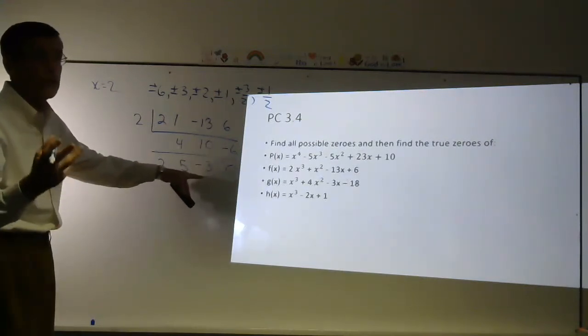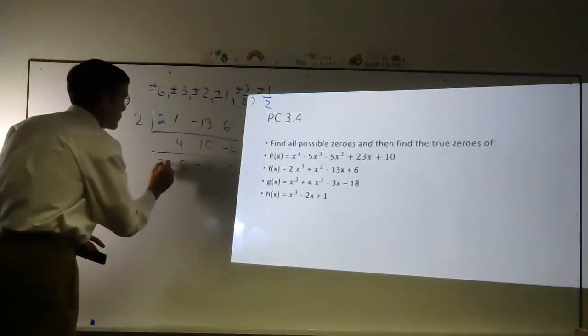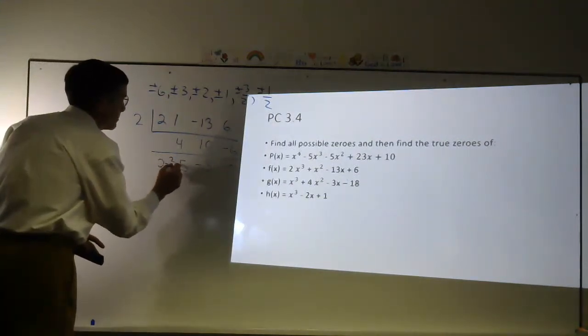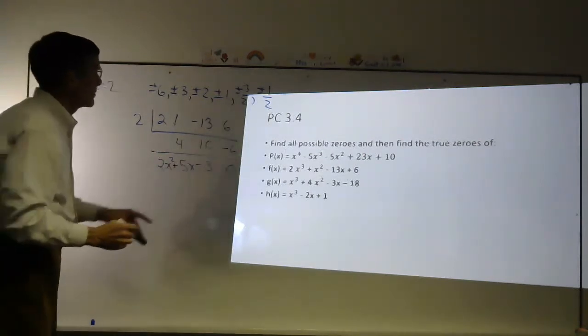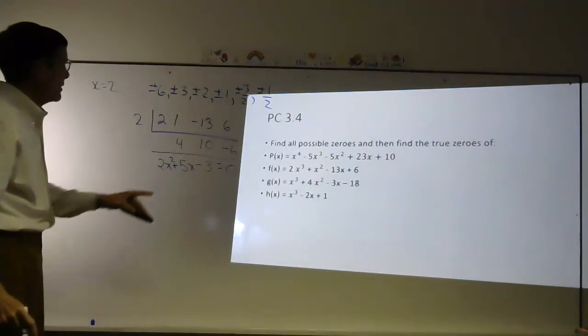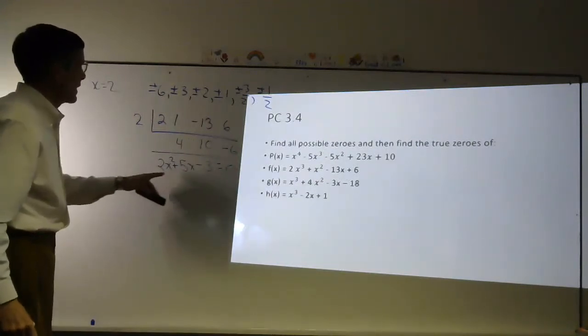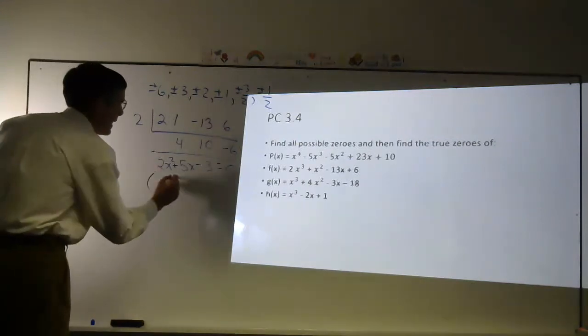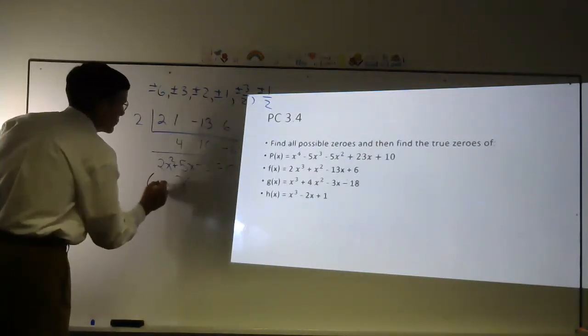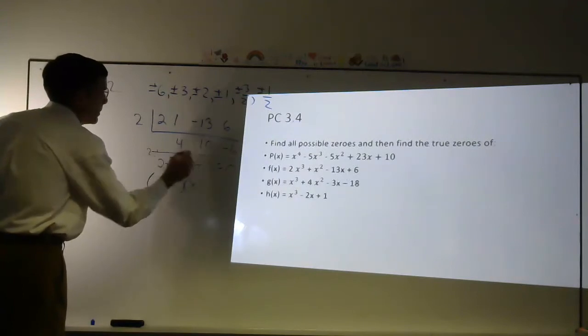That's a quadratic equation. 2x squared plus 5x minus 3 equals 0. Can you find combinations of factors that are going to subtract to give you 5? I think we can. So let's try to factor. This would be 2 and 1, 3 and 1.